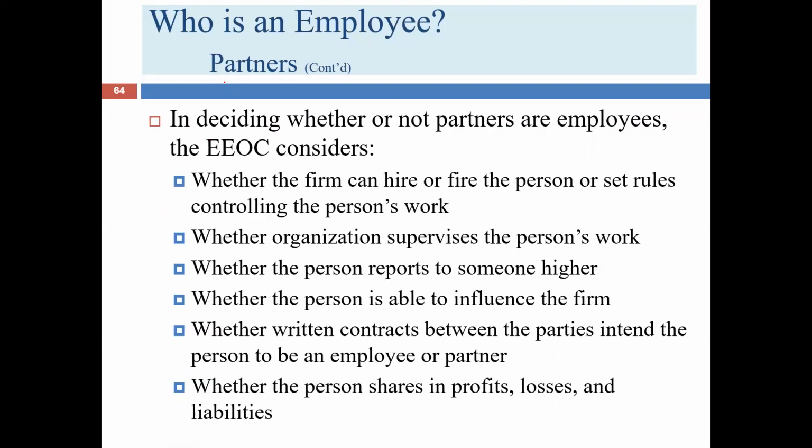So these are factors that the EEOC says are important to consider. I'm not going to go through them, but you can see these are the things that could put into jeopardy the finding that the partner is not an employee. You know, conceptually, somebody who's a partner, by definition, can't be an employee because you're the owner. You would therefore be employing yourself in some sense.